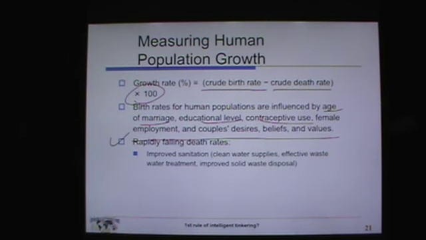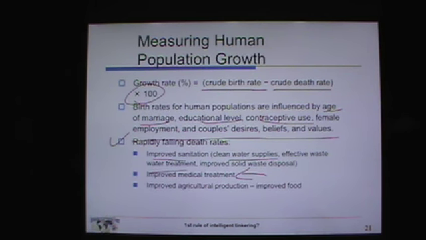We have much better sanitation, much cleaner water supplies, and are a lot better at getting rid of waste. We have greatly improved medical treatment. There are more medicines available, and we're getting more medical treatment to people who need it. Improved agriculture means certainly more food available for people to eat, although there are pockets of places where war interrupts the distribution of food, and other economic deprivations happen.